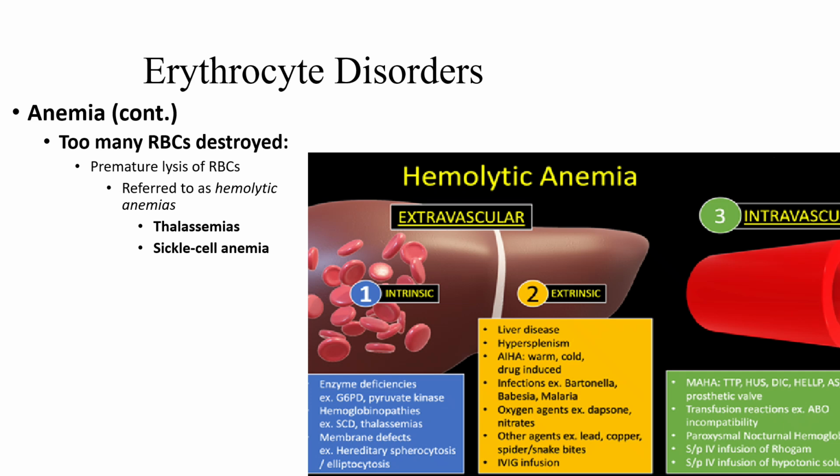Next one is if you are sick with disorders that can cause destruction of your red blood cells, or that can cause less production of your red blood cells. Examples of this will be thalassemias, which is a Mediterranean disorder, and sickle cell anemia. In both cases, these are genetically passed on, and the nature of thalassemia is that you will have small red blood cells.